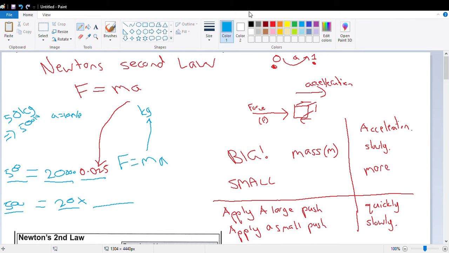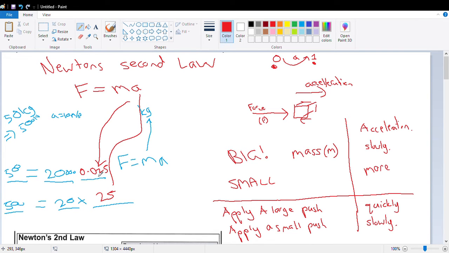I think it's 25. And this 25 is talking about the acceleration number. It's accelerating at a rate of 25 every single second. It's accelerating much faster compared to the previous situation.